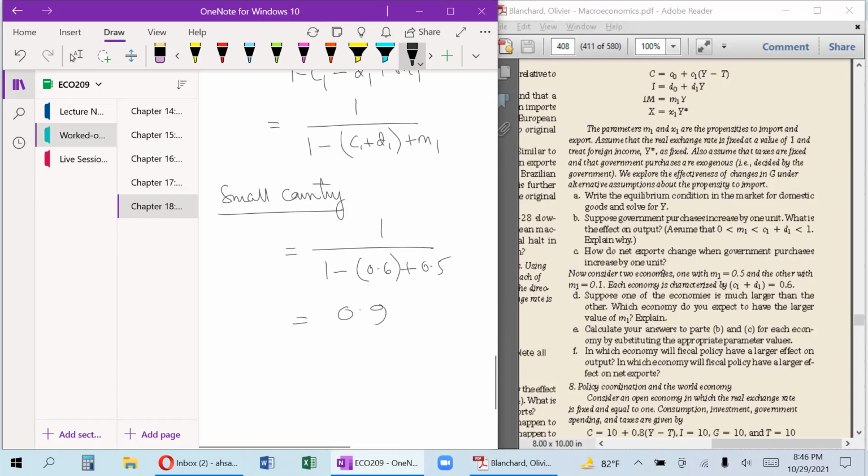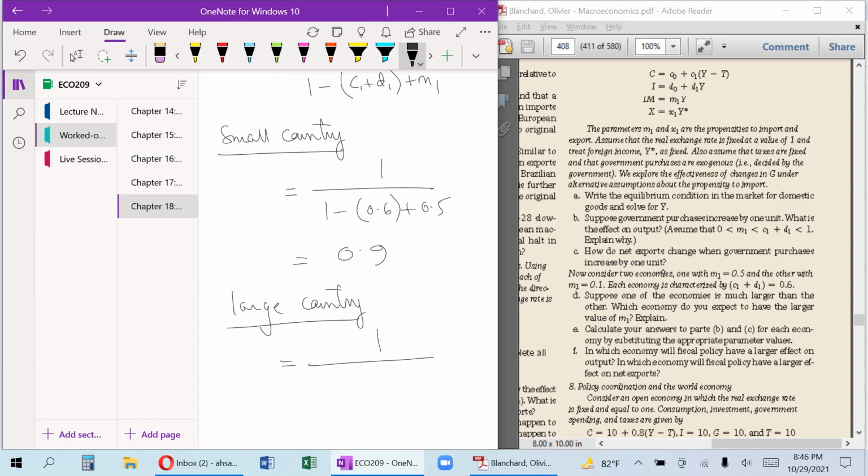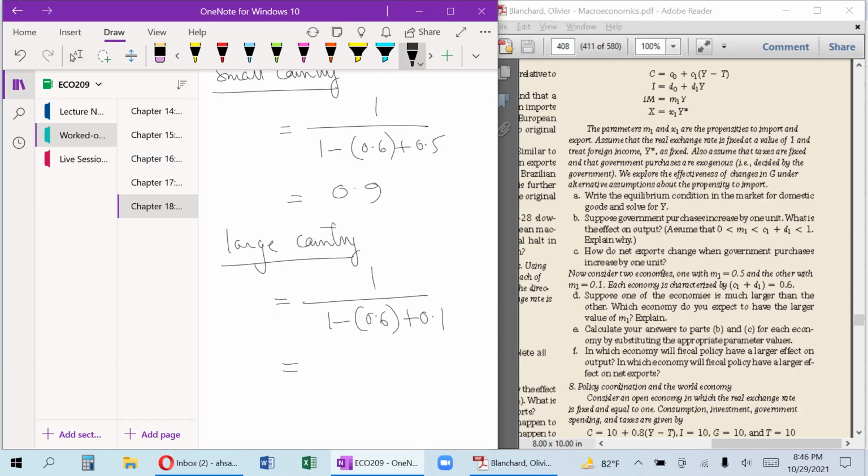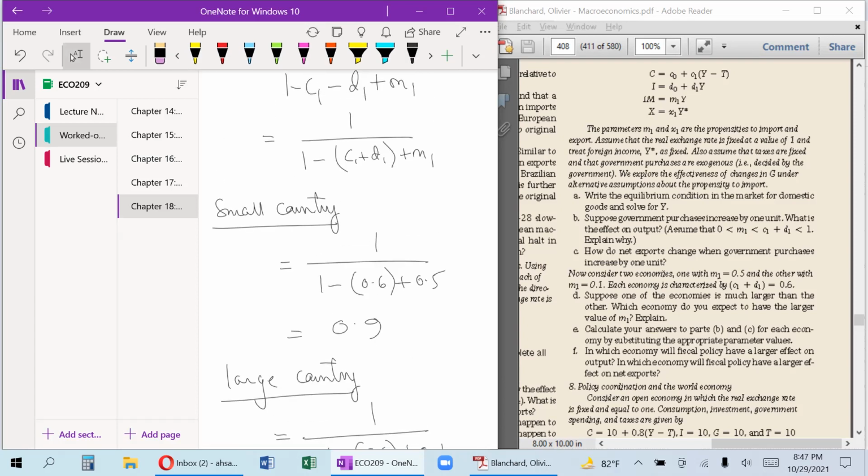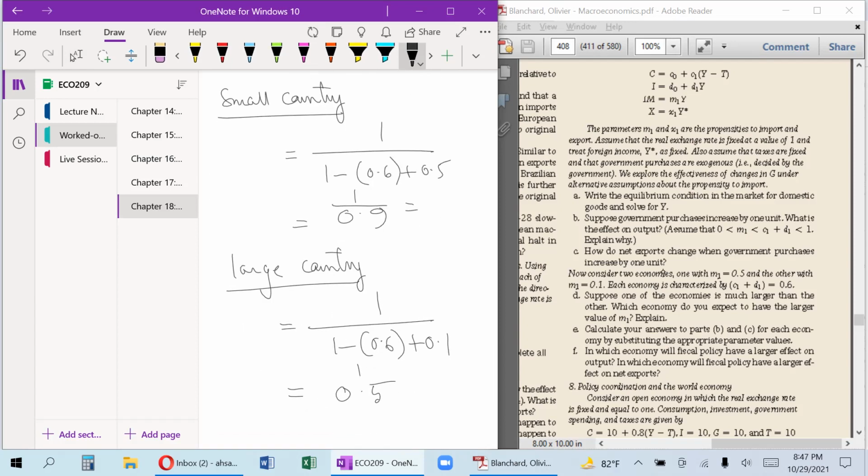And for the large country, we will have 1 divided by 1 minus, this is 0.6 plus 0.1, so we get 0.5. So now, 1 divided by 0.9, however much we get, and 1 divided by 0.5 equals however much we get. This is 2 and this is 1.1, I think, but if you have calculators, please check it out.